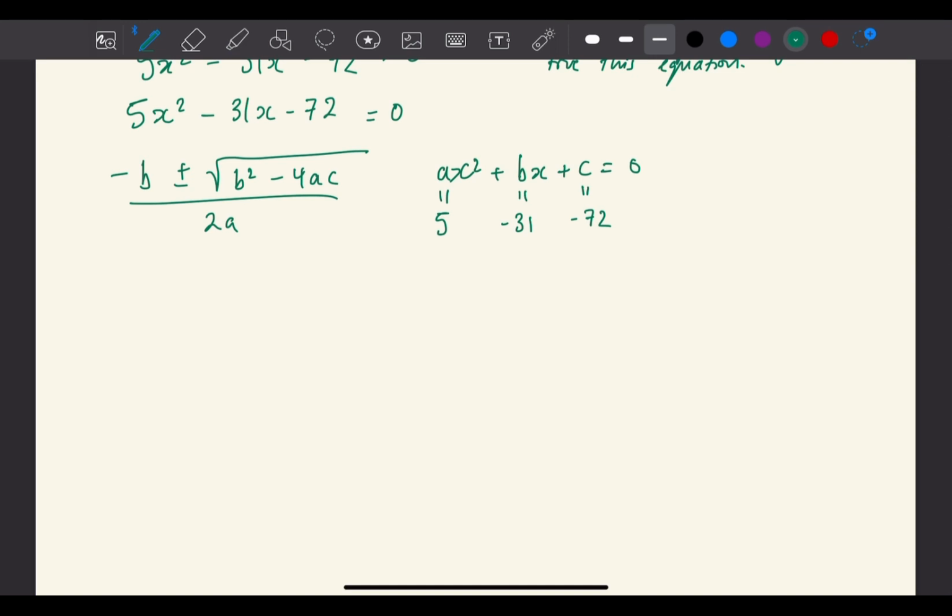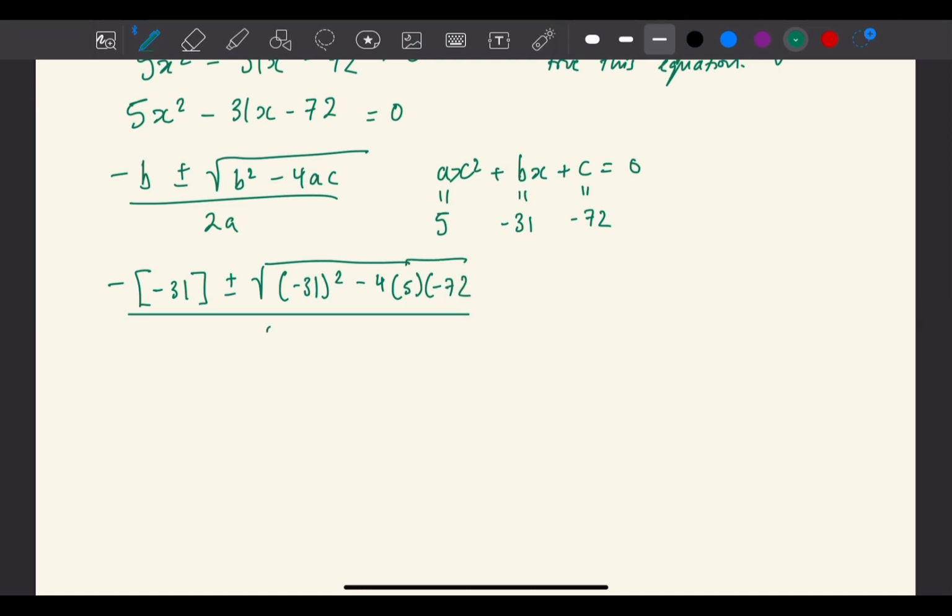So what you'll put into your calculator is minus 31 plus or minus the square root of 31 squared minus 4 times 5 times minus 72, all over 2 times 5.